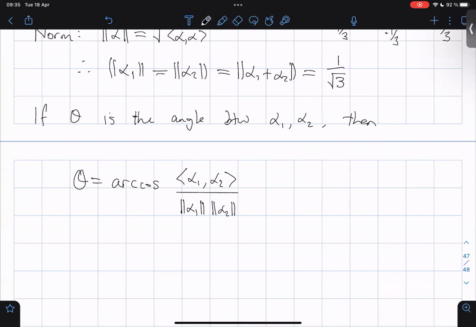You divide by the product of their lengths, and then you take the arc cosine to get the angle.